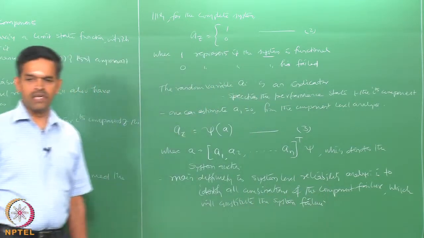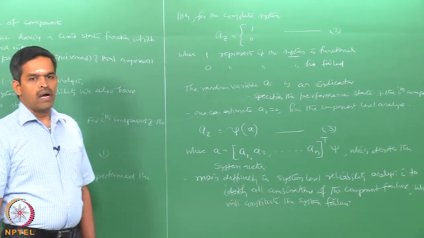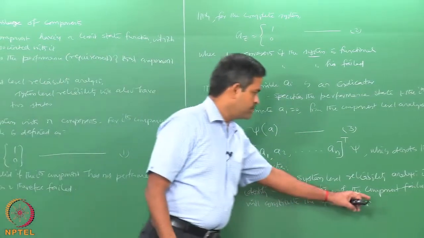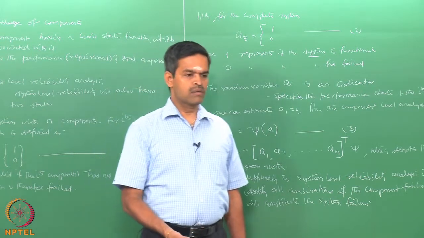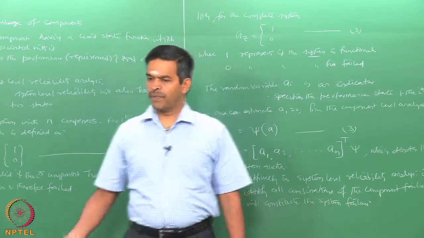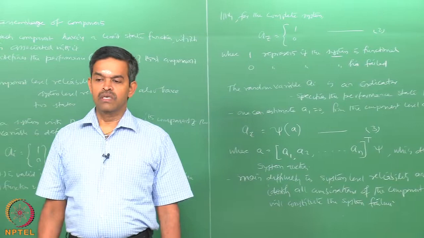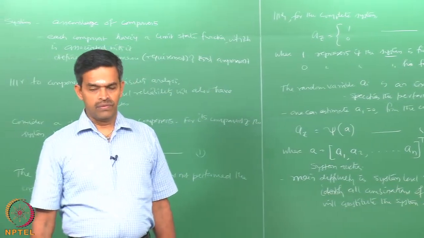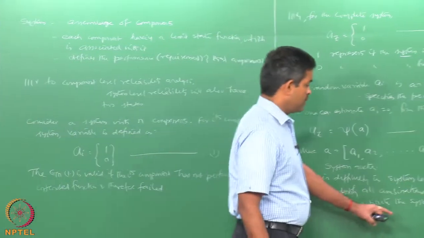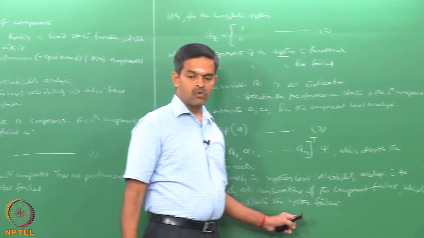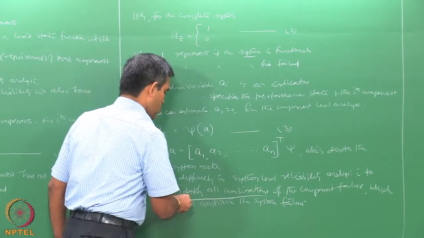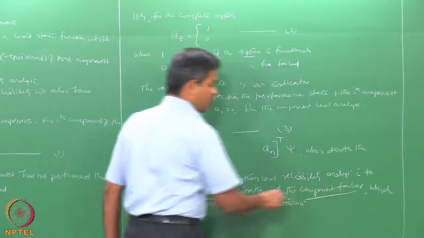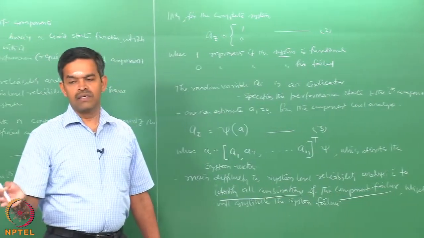Whereas, we reinsist that determining the component failure is far simpler in terms of assuming a limit state function appropriately, whereas a system level failure is difficult because you need to identify all possible combinations of the component failure to really declare that the system has failed.